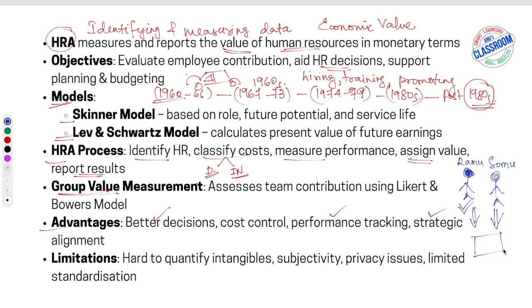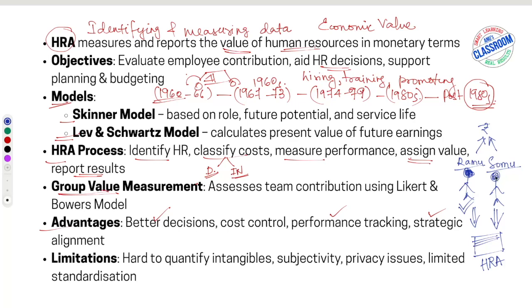That capturing of value is done through human resource accounting, right? Normal business accounting journal entries will not capture that because they are both being paid the same amount of money. So cost wise, having Ramu and having Somu is the same.